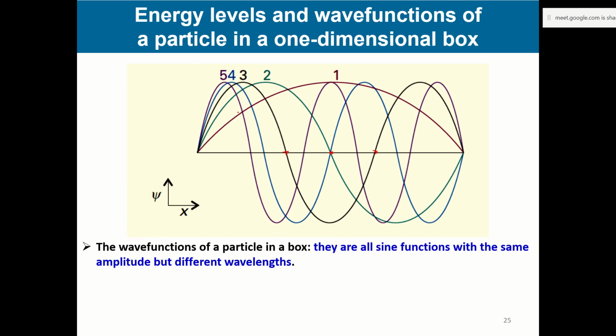By the time you are at n equal to 5, you have this one. A node is here, another node, 3, 4, so 4 nodes for n equal to 5.